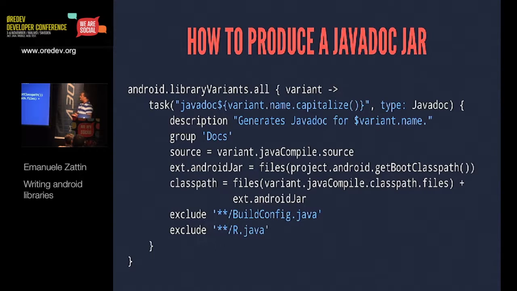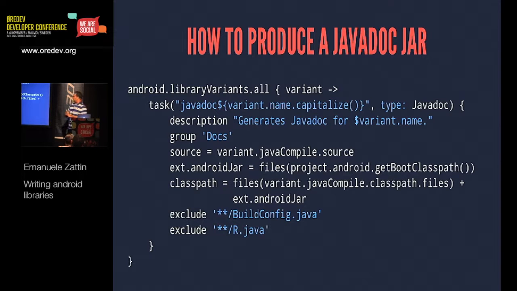So here we go through all the variants, and normally it would be just release and debug, but you can have more if you like. And for each of those, you create a task of type Javadoc, and you specify the parameters.